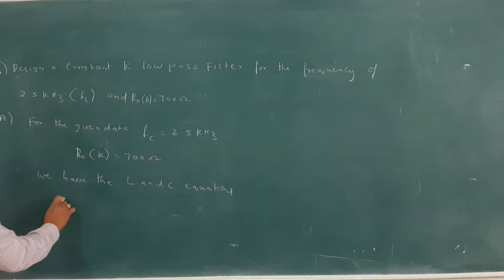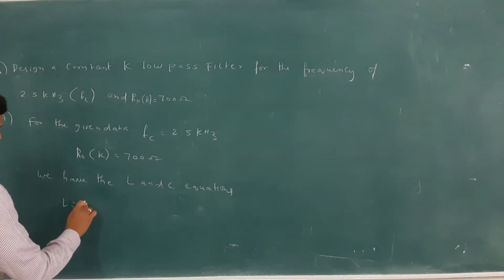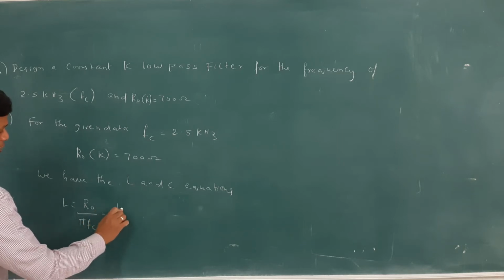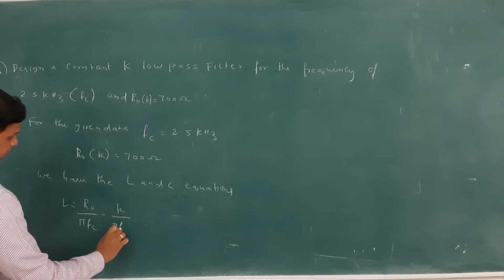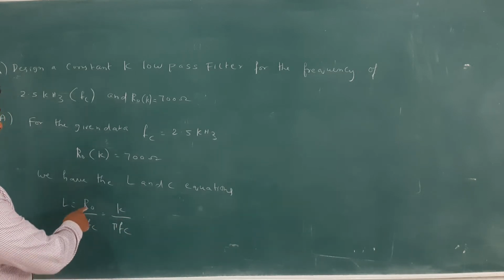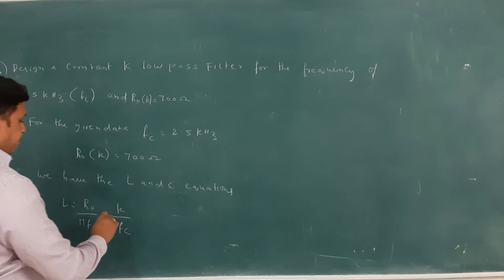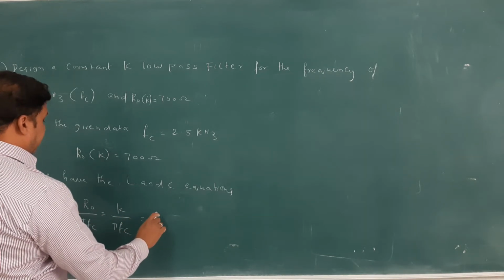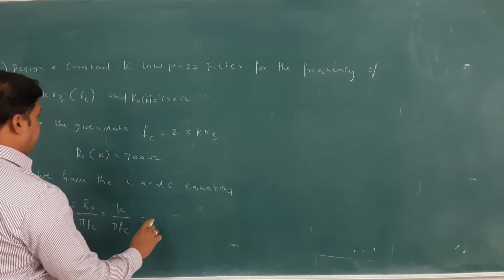Already we have derived this one. L is equal to R0 by pi Fc for low pass filter, or that is equal to K by pi Fc also is correct. Here we call it the nominal impedance R0, or K also we can say. L is equal to K by pi Fc.